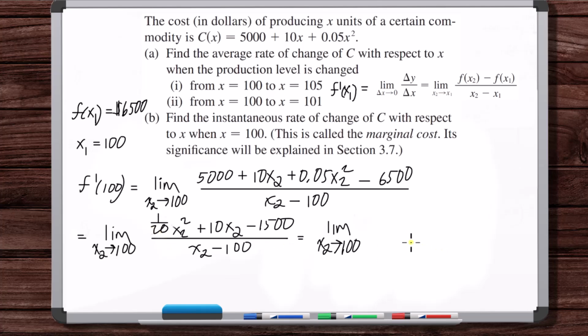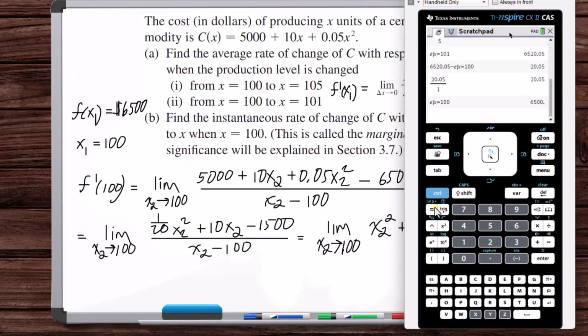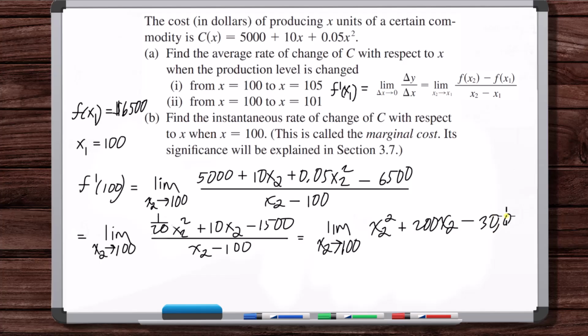Multiplying this by 1 in the form of 20 over 20, you get X2 squared plus 200 X2 minus 30,000, and then 20 times X2 minus 100.